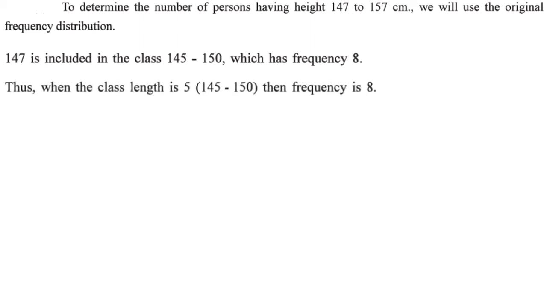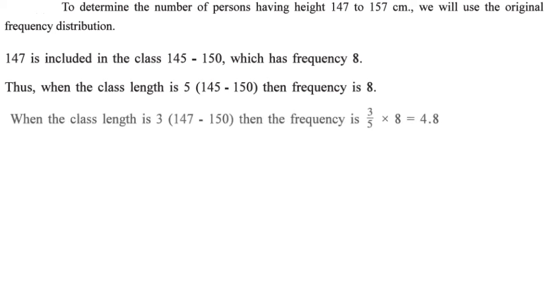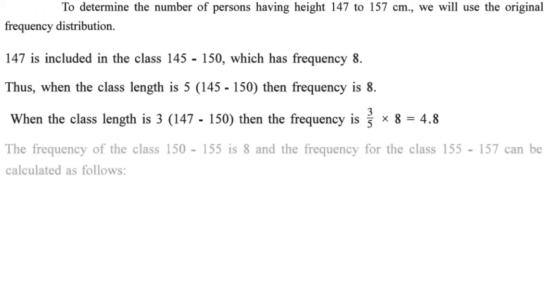So what should we do when we have to take 147 to 150? At that time the class length will be 3. When 145 to 150 is there, the class length is 5, the frequency is 8. So if we take 147, the class length will be 3, and the frequency will be 3 upon 5 multiplied by 8, which is 4.8. So 147 to 150 is 4.8. 150 to 155 is already 8, that we know.